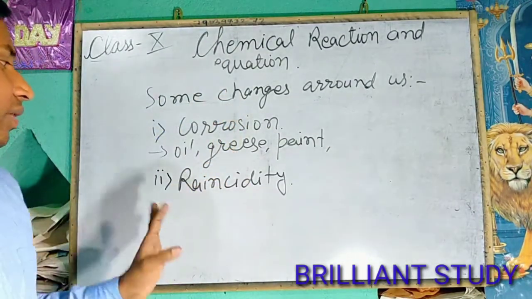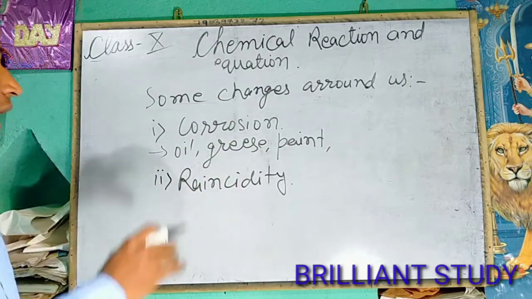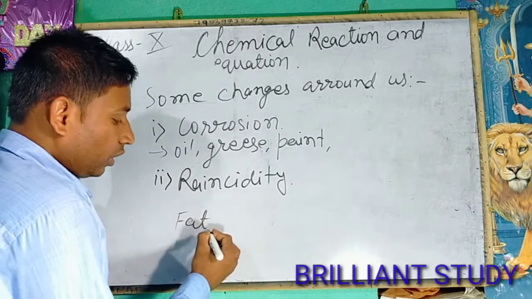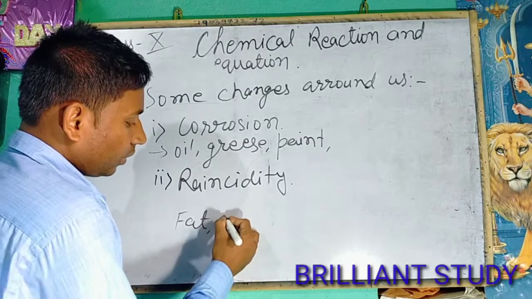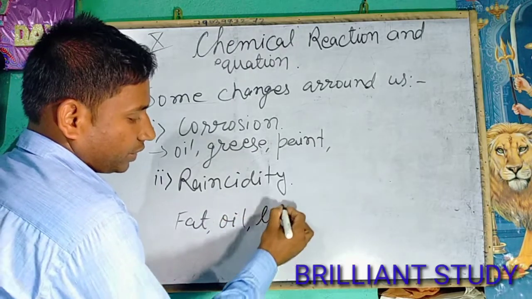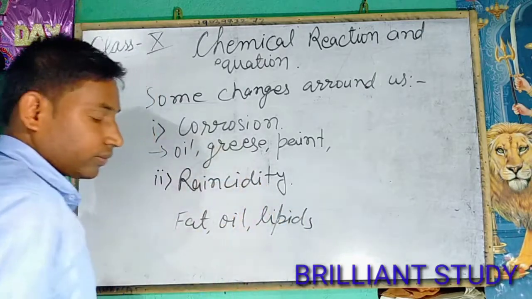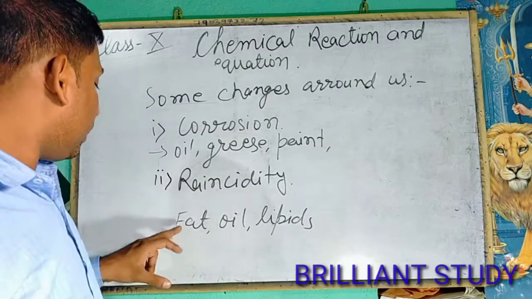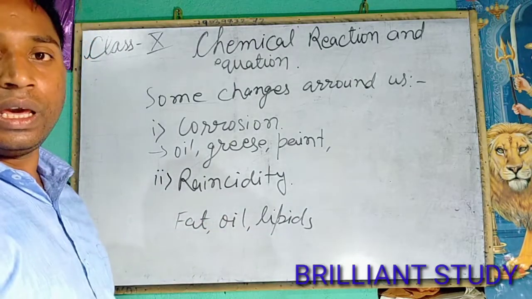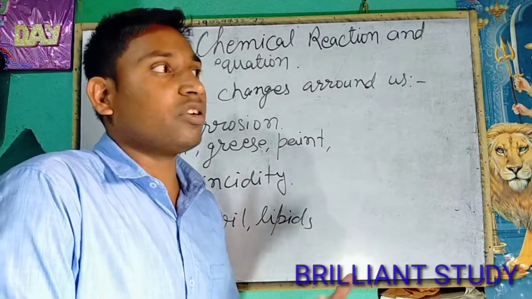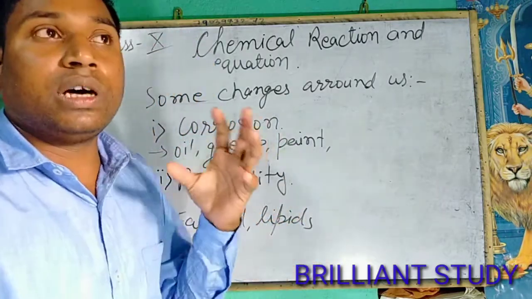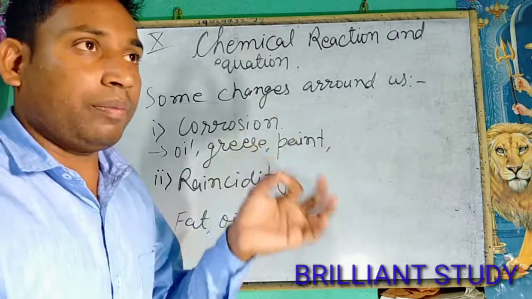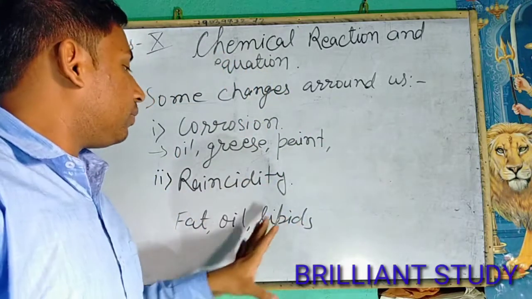The second change around us is rancidity. Rancidity occurs generally in food containing fat, oil or lipids. If food material containing fat, oil or lipid is left for some days, the taste and flavor will totally change, and it happens only due to oxidation of the food material.